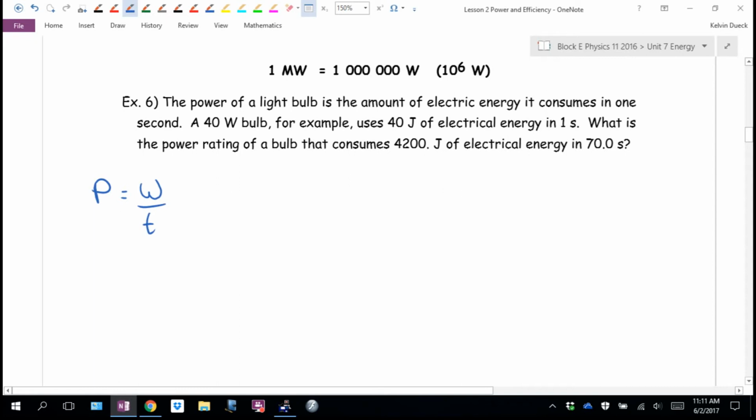What are the units for work? How many joules are we using here? By the way, if you're wondering what work that is, it's the work done moving the electrons through the circuit. How much time? So if you have a light bulb that uses 4,200 joules of energy in 70 seconds, how many watts? It's a 60-watt bulb.